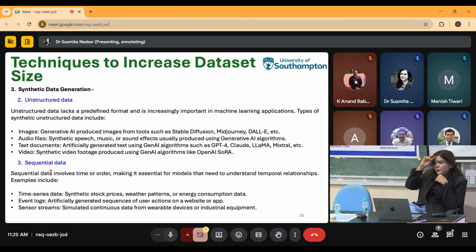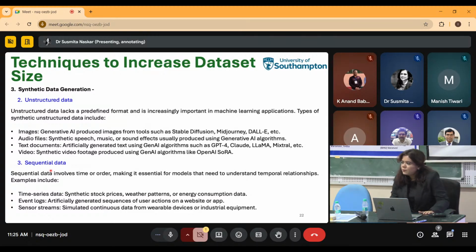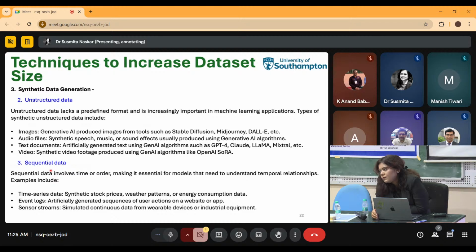Structured, because we can use SMOTE or different kinds of techniques to get synthetic data. Whereas for unstructured and sequential data, it will be more computationally intensive or more complex to get synthetic data. But if you get something as an image, or in text format, then you cannot do that.